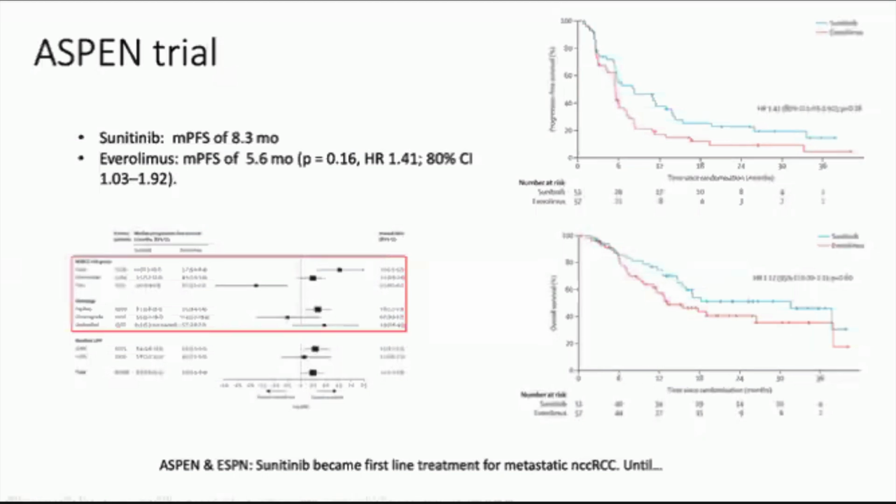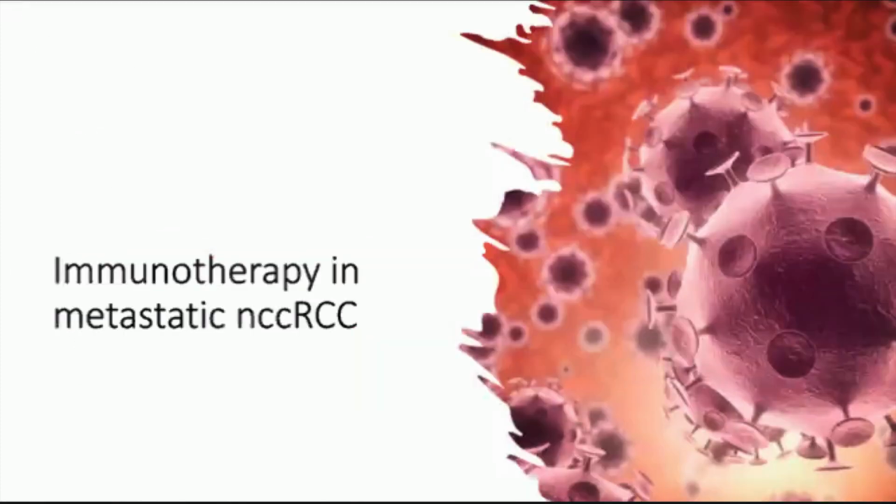And patients with papillary and unclassified disease also seem to have a more favorable response to sunitinib when compared to patients with chromophobe histology. And after these two trials came out, sunitinib became the first-line treatment for metastatic NCC-RCC. But this was only until immunotherapy rolled around and was seeing favorable outcomes in patients with clear cell disease.